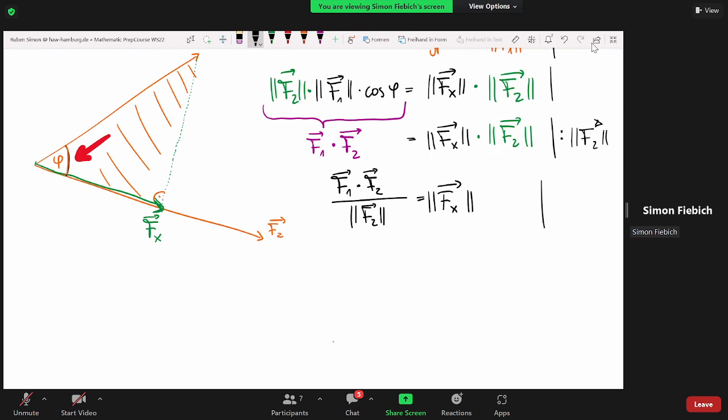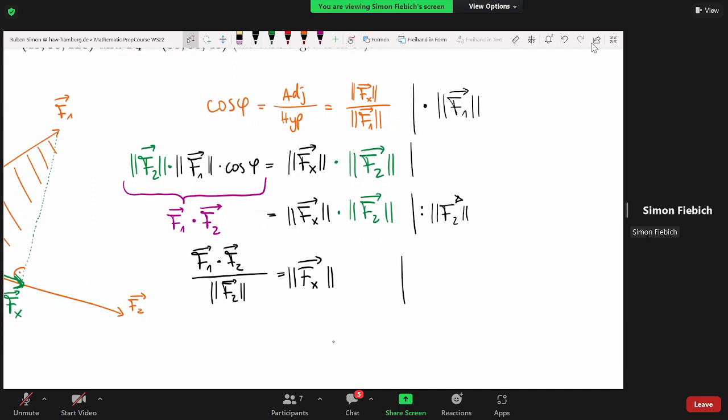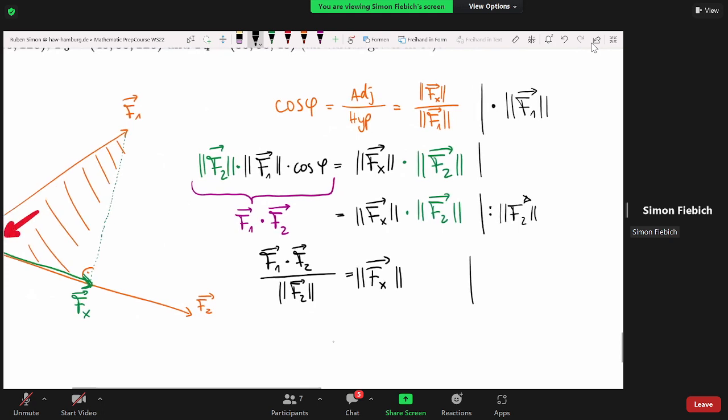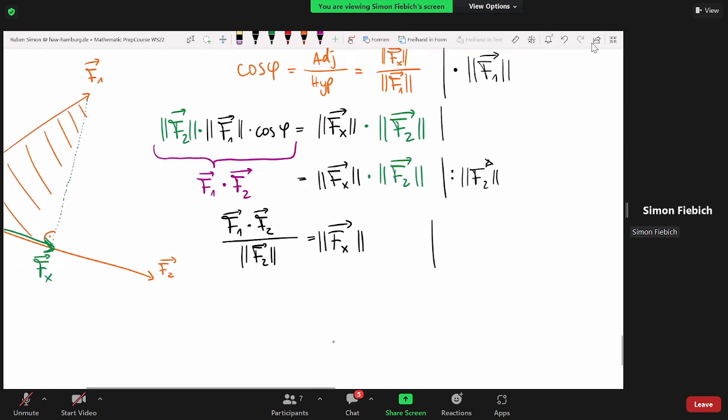Then we would have to do another piece of magic. The first piece of magic was this F2 being applied to both sides of the equation, and now we would have to do the same thing again. Actually, you could have a look at the two vectors Fx and F2 again. If you consider these two vectors, they're both pointing in the same direction, right? And you learned something about unit vectors earlier today.